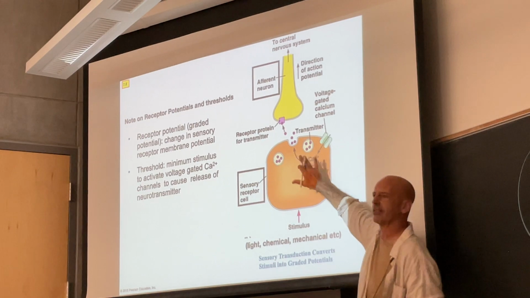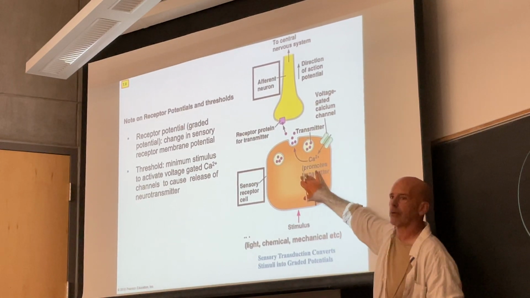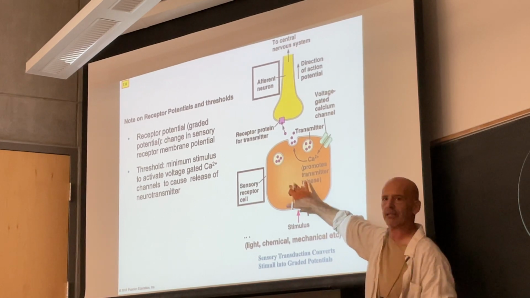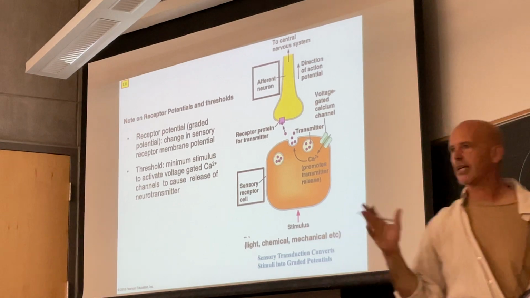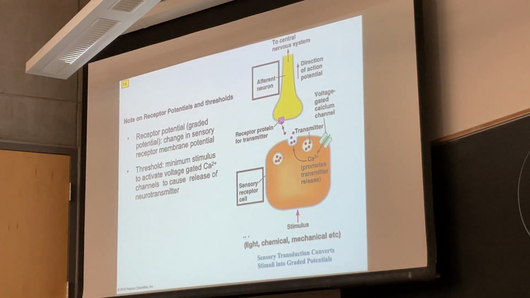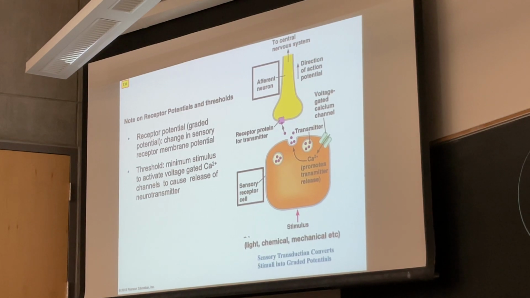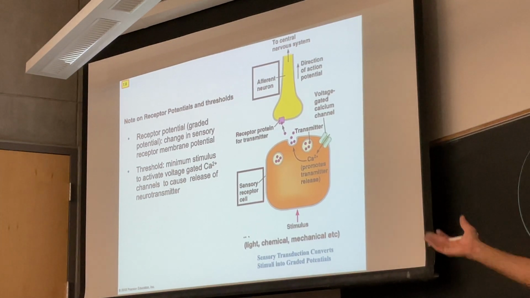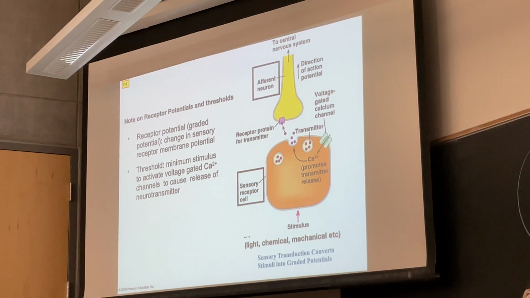So going back to threshold and depolarization, this is what we're talking about. What we talk about today is relevant to all that sensory transduction, the conversion of sensory signals from a chemical or other stimulus into an electrical signal. That's from the last lecture, but it's relevant today.